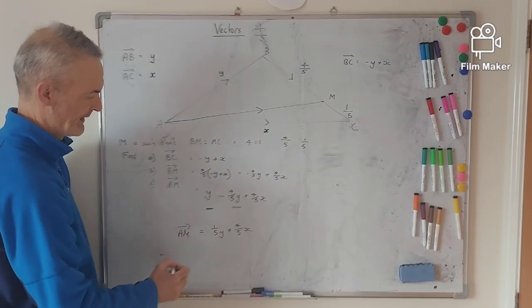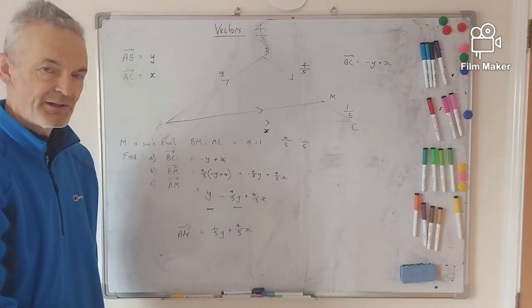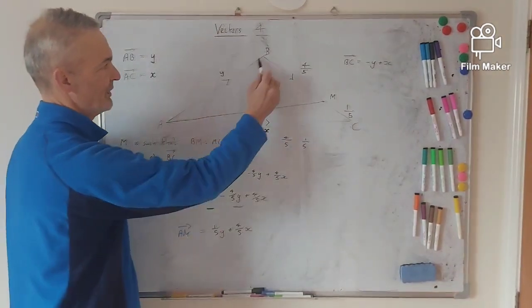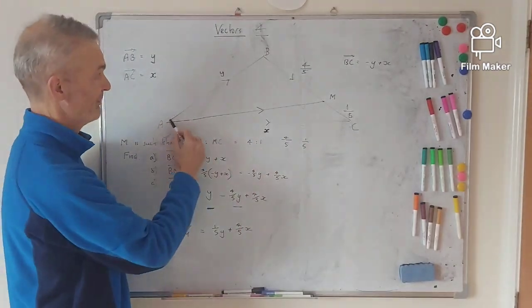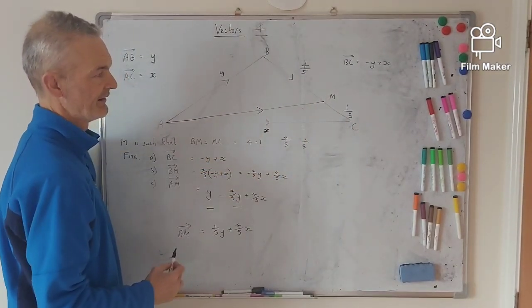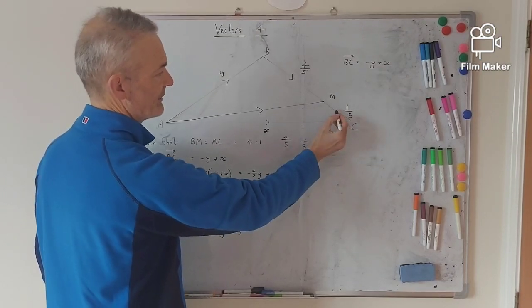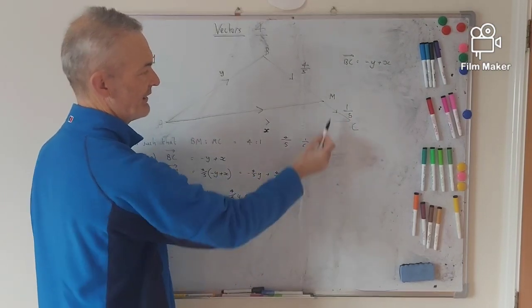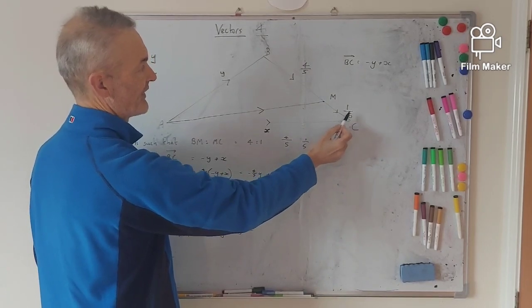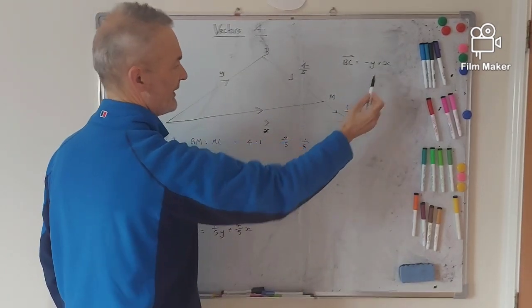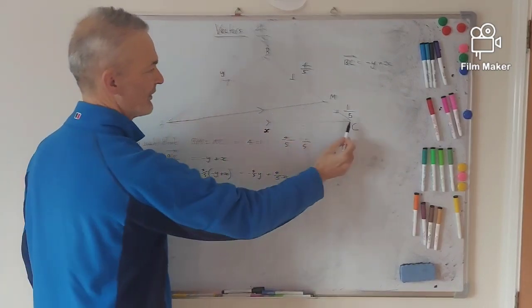Now you might ask yourselves, why did I go that way? Well, the main reason was because I had those vectors. Now I could have worked out this vector, that's just a fifth of that vector there. And then I could have gone along that way.